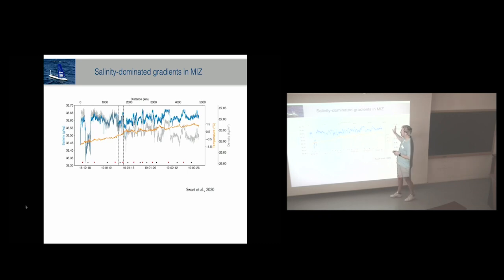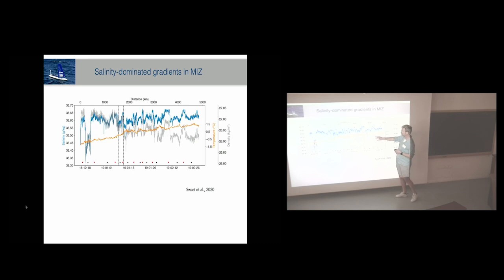So we have salinity and temperature measurements. The blue is salinity, the temperature is orange, and you might think, well, that's really small. But the temperature and salinity here are scaled as equal contributions to density. So where you see large changes in salinity, you see that it drives a response in density, which is the gray line. Please forgive me because I'm colorblind, so I get this wrong all the time.